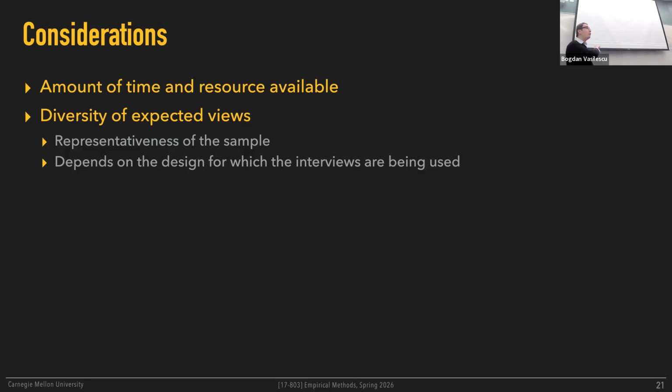So usually you don't try to put together a statistically representative, meaning, say, random sample of whatever population you care about, but rather a deliberately diverse sample, in terms of expected perspectives and experiences and so forth, because you're trying to maximize this diversity of information that you're collecting.